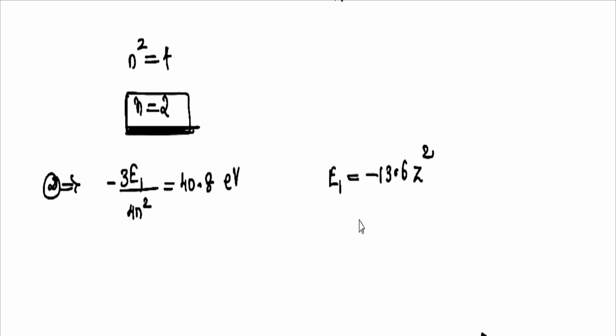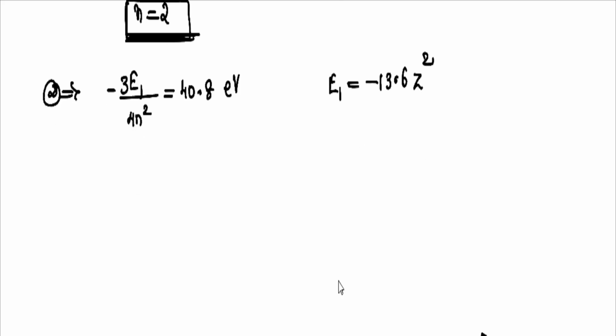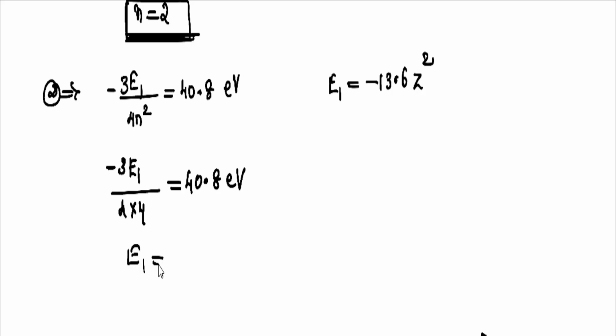This is the energy of the ground state orbit. So we can equate this and substitute n here. Substituting n, we get minus 3E1 divided by 4 into 4 is equal to 40.8 electron volt. On cross multiplying, we get E1 is equal to minus 217.6 electron volt.